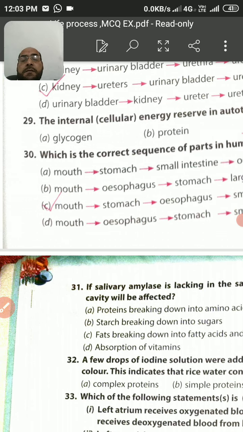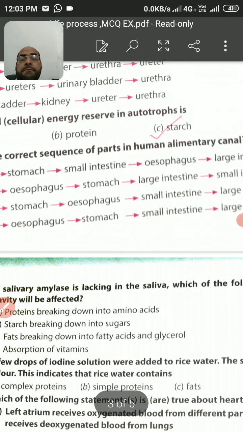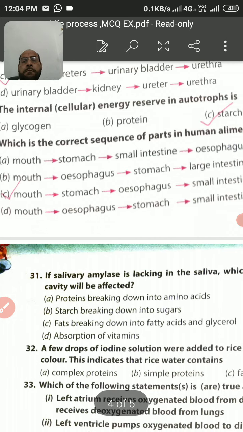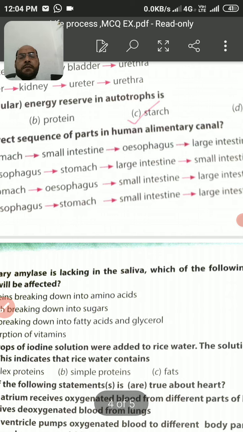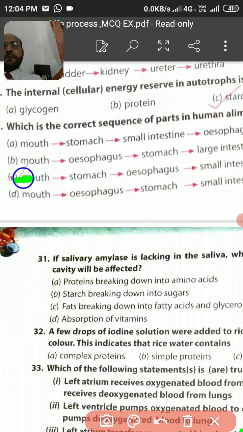Question number 30, which is the correct sequence of the parts in the human alimentary canal? So again, the correct sequence, first of all mouth, then stomach, no, mouth, esophagus. This will be the correct sequence, my dear students.